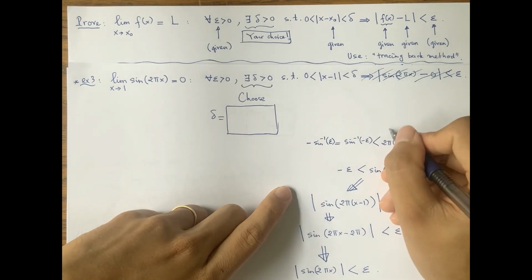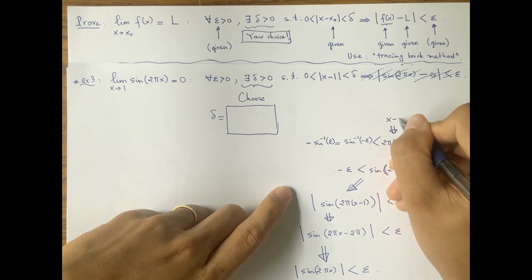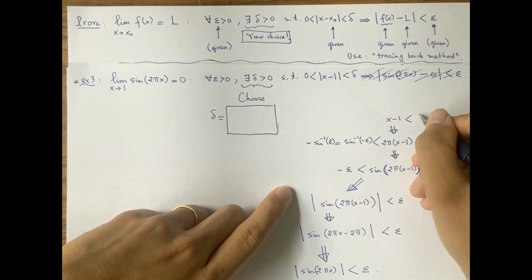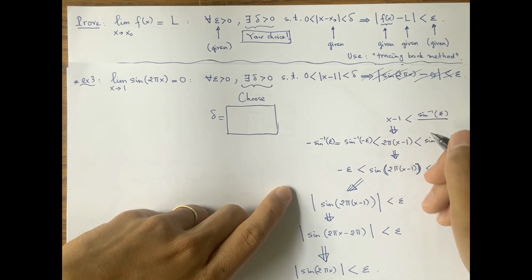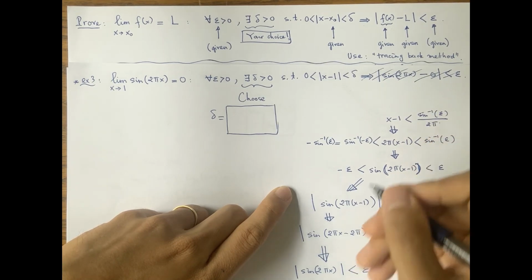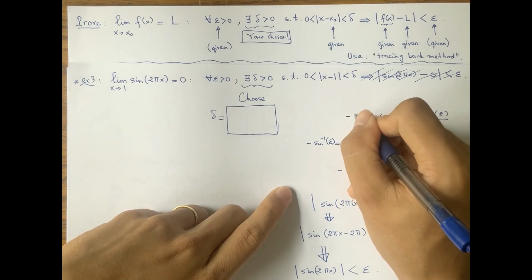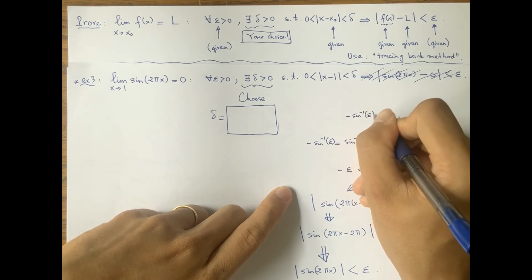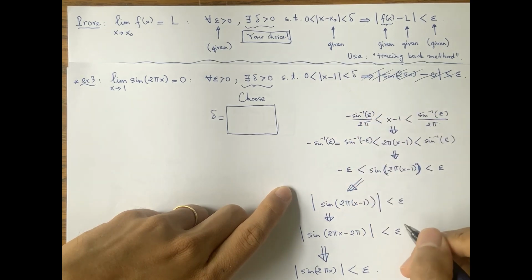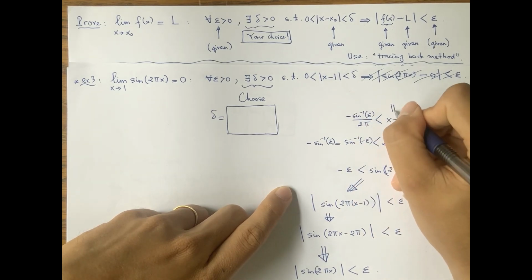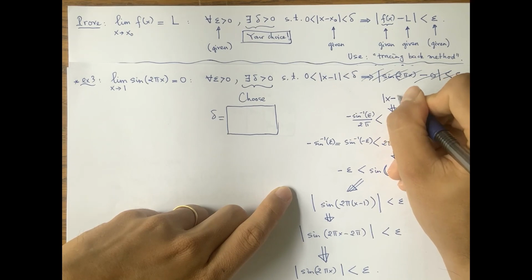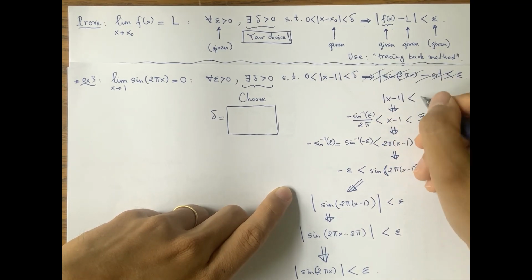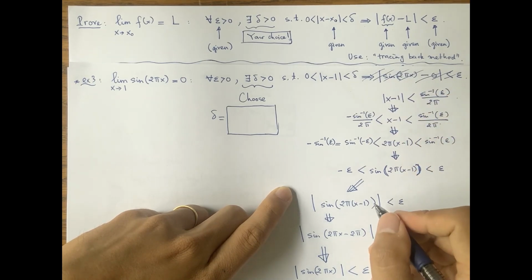And you could have this if you have x minus 1 less than sin inverse of epsilon over 2 pi and greater than negative of sin inverse of epsilon over 2 pi. You would have this if you have the absolute value of x minus 1 less than sin inverse of epsilon divided by 2 pi.